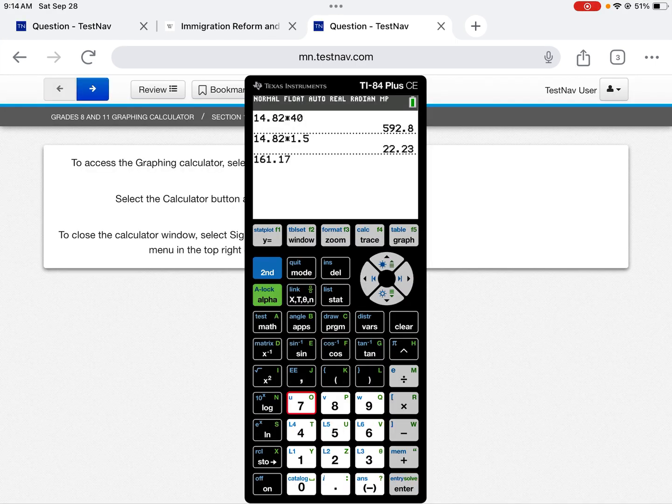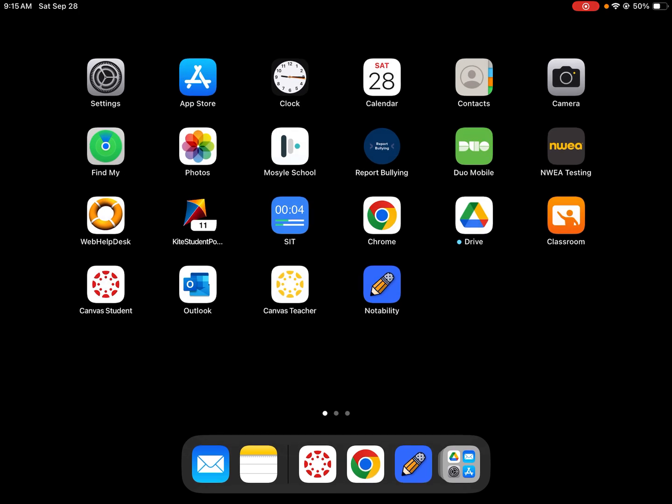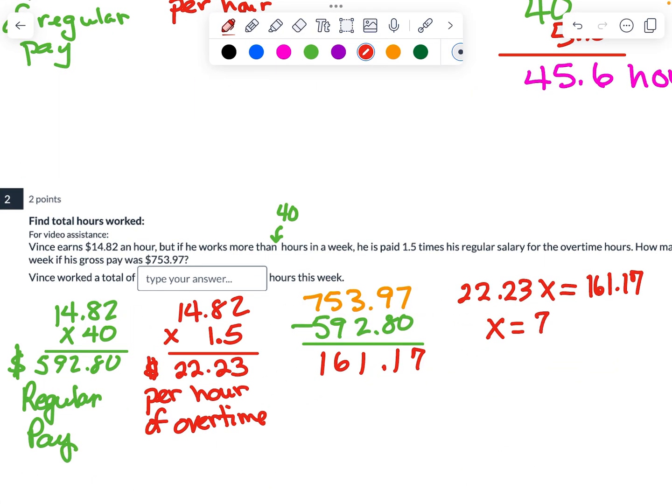So 161.17 divided by $22.23, we're going to find that that is 7.25 hours of overtime.